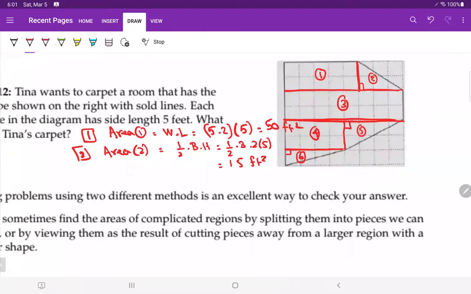Number 3, area 3 equals 1, 2, 3, 4, 5, 6, 7, 8. 8 times 2 times 5, because each side has a length of 5. Right? Hold on. 1, 2, 3, 4, 5.